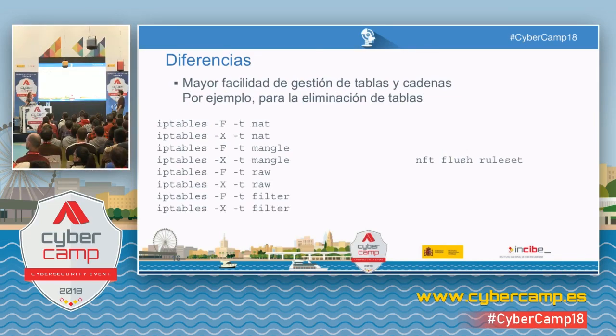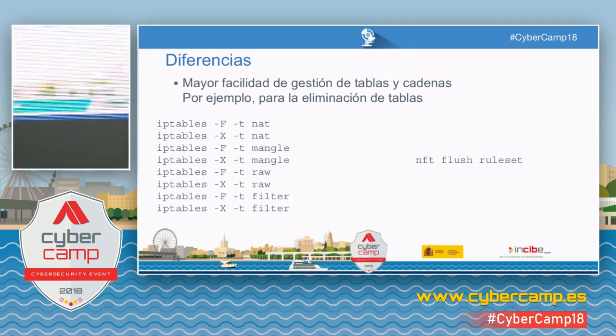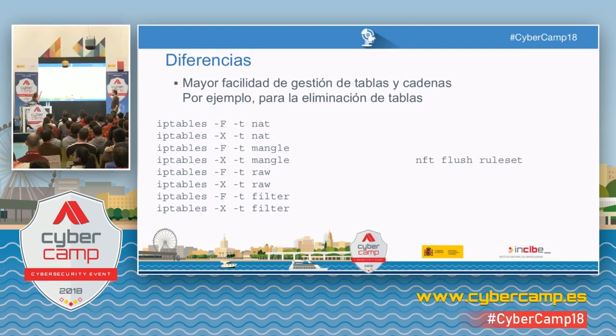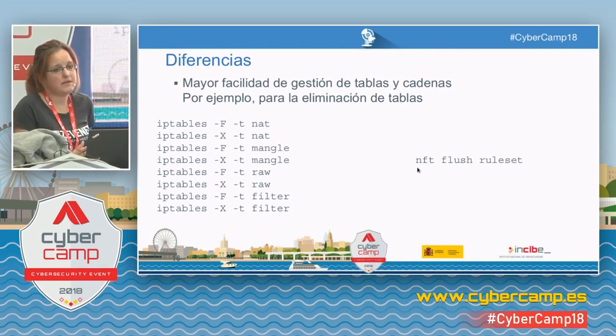Also, on iptables, there was a list of tables. When you wanted to eliminate those, you had to execute delete or flush before you could eliminate it. And that's for all the tables that are generated for iptables: nat, mangle, raw, filter, all of those.